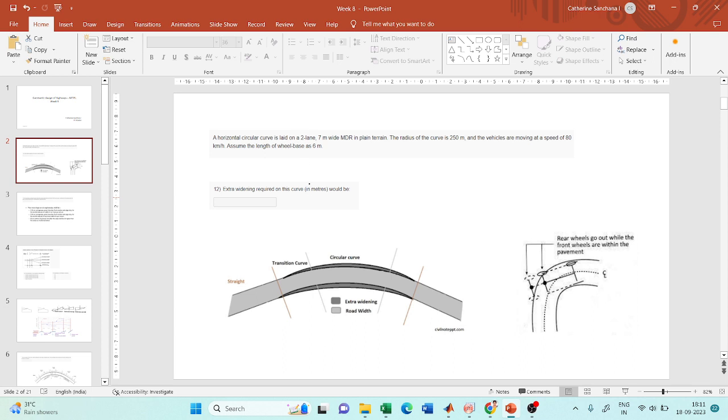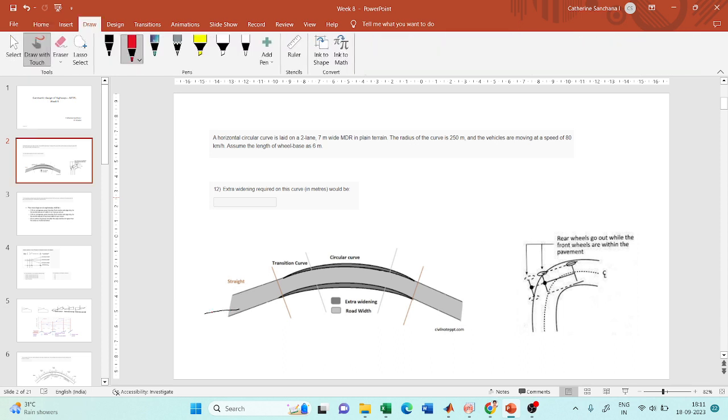If you see, this is the straight section of the road. After that, when you want to change your alignment from this direction to this direction, the horizontal curve is introduced. We saw the reason for introducing horizontal curves: it is to change the alignment of the road. We also saw that in this section of the road there is something called super elevation.